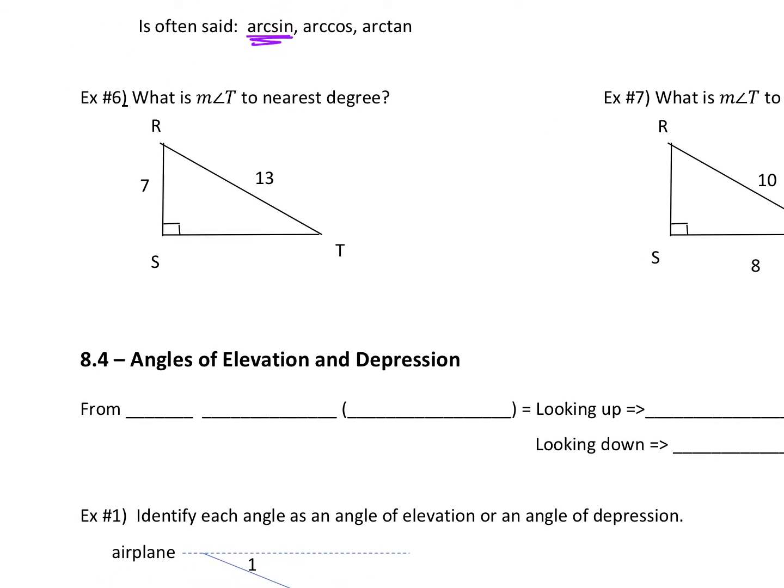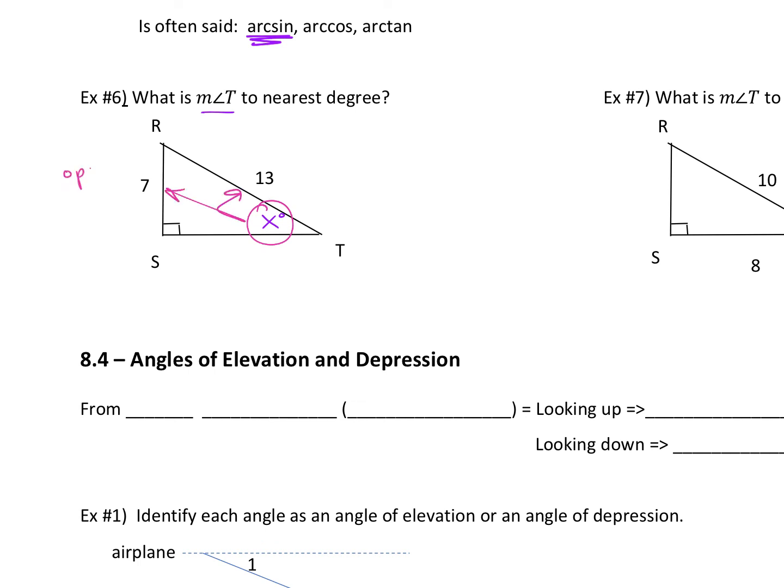Number 6 here, it says, what is the measure of angle T to the nearest degree? If I were you, I would just put an X in there, so you have this is where I'm at. I want to know X degrees. So you do the same process. Where do you start? At X. What sides do you have?